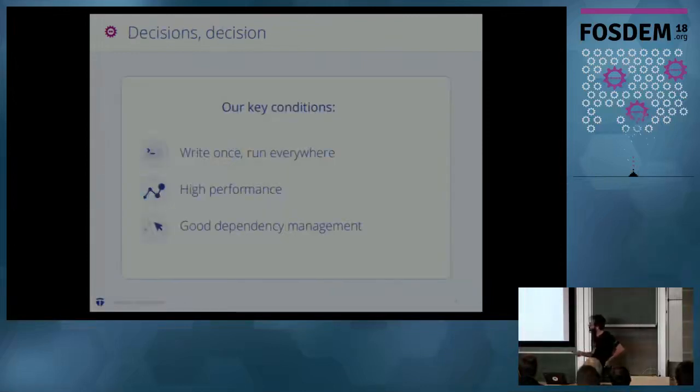First of all is write once, run everywhere, because we don't want to write everything in Swift and then in Kotlin or Java. We wanted one code base. Then high performance, especially for mobile devices, and also great or at least good dependency management. And that's why we chose C++.